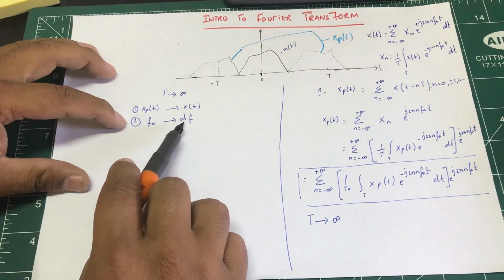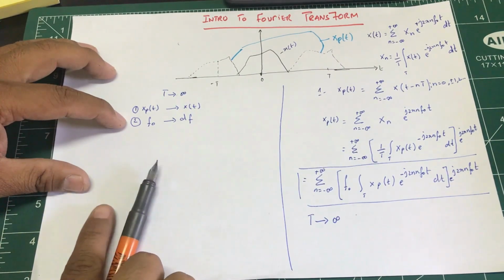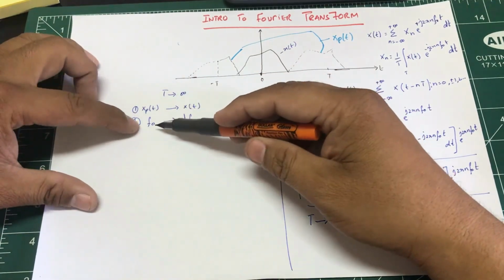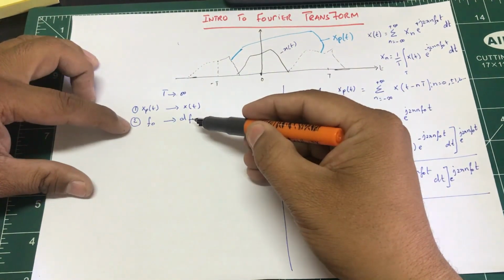It's a very small value. It's a differential value. I hope you're getting my point. As my T is getting bigger, my frequency is going down. How small is it going down? You don't know. It's not going down as an integer value. It's actually getting smaller. This is the second thing that will happen.